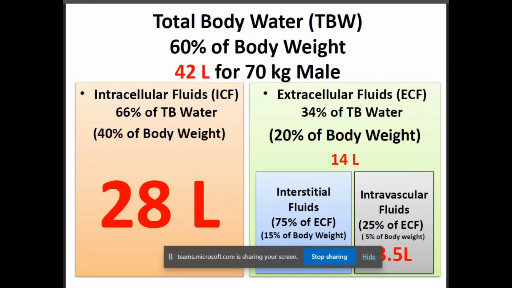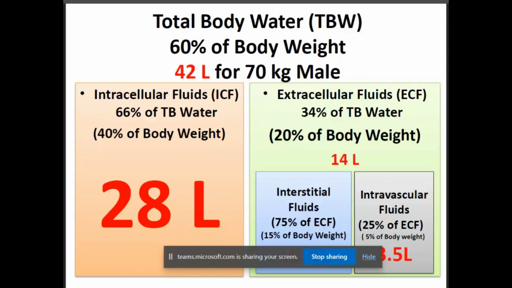So we can say if you take a 70 kilogram male, that doesn't mean a sick patient, you will find about 28 liters of his water in the intracellular compartment, and the rest will be extracellular. So you can roughly say that 40% of body weight is intracellular and the other is extracellular.